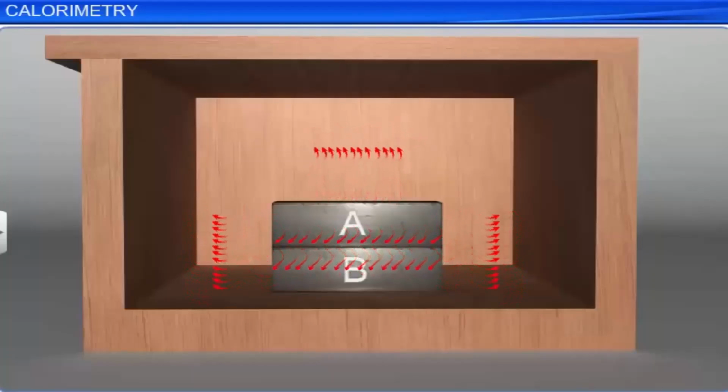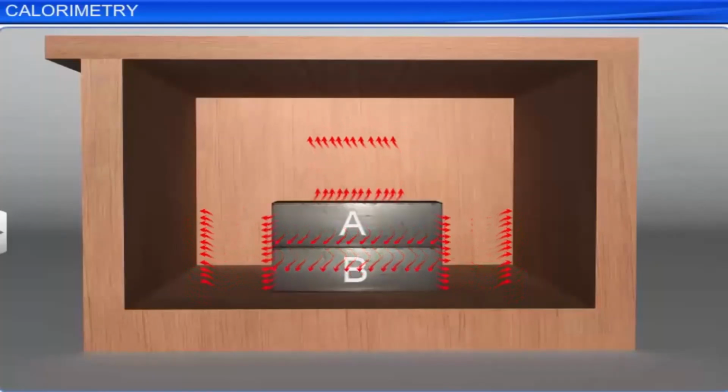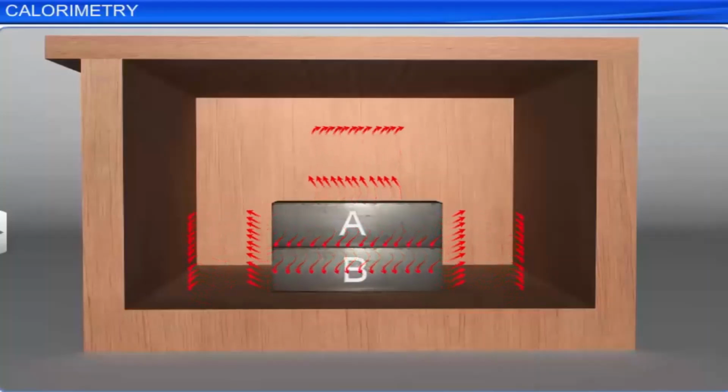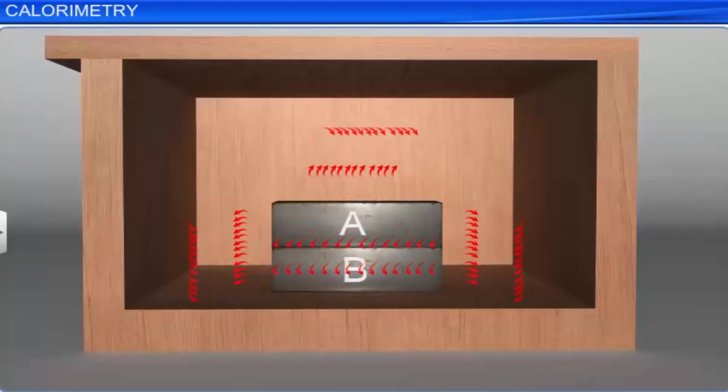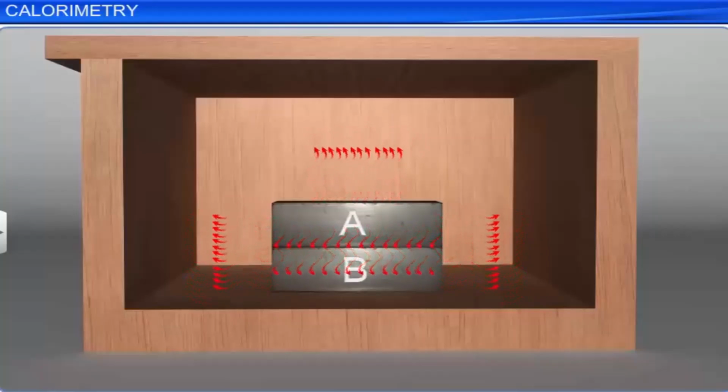This means when 2 or more bodies at different temperatures are brought into thermal contact, and if no heat is allowed to escape to the surroundings, then the total heat lost by the hot bodies must be equal to the total heat gained by the cold bodies. This is called the principle of calorimetry.